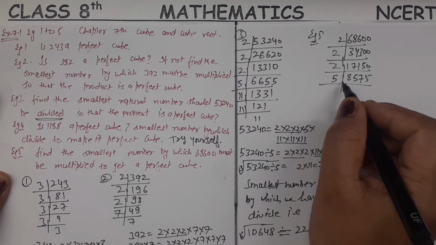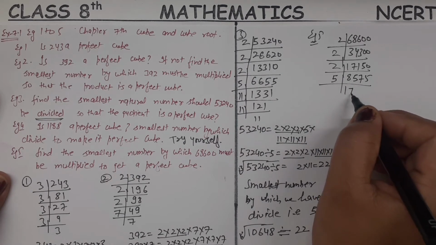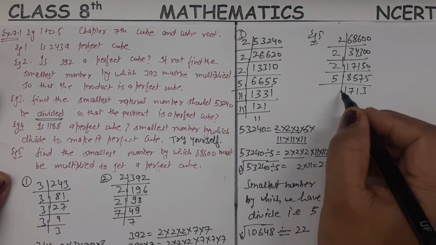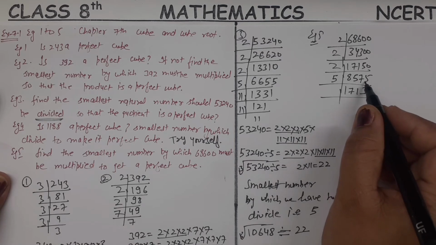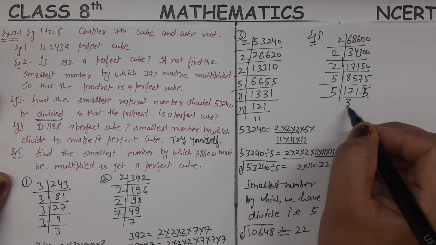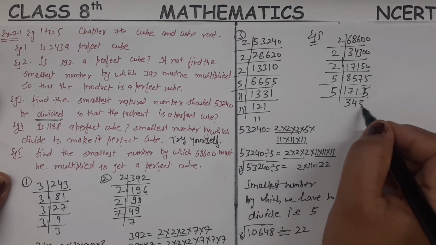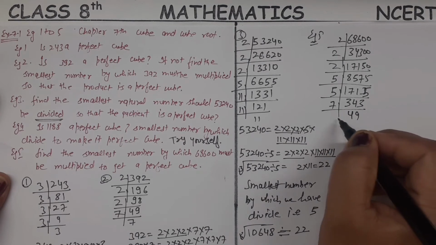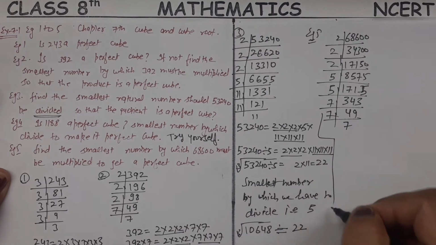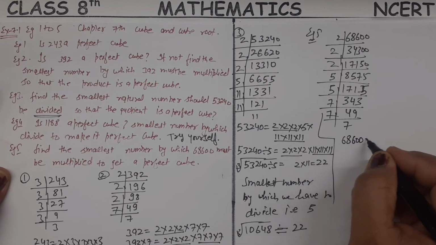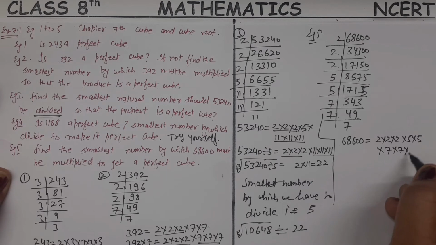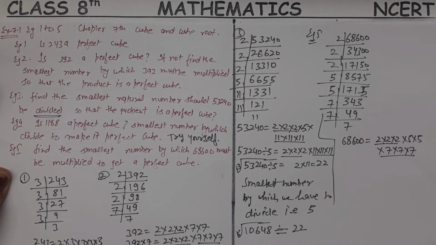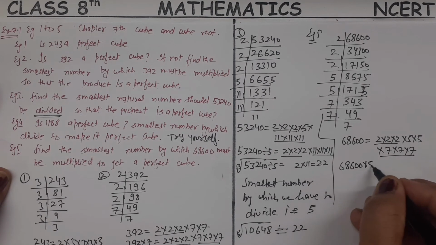Now we take 5 and divide by 5. Right? 2 three times, 5 two times, 7 three times. 5 is not in a triplet, that's why we will multiply both sides by 5.